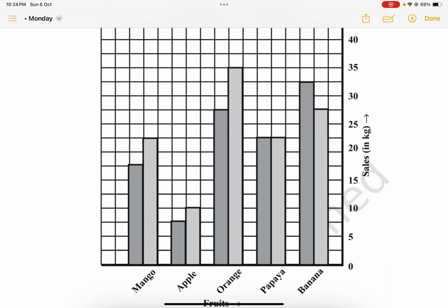Okay. So now mango is a fruit, and the dark gray color is Monday. So on Monday, the sale of mango is how much? It corresponds to 15, and between each you have 5 divided, so it is like 2.5, that means 17.5. That is, mango sale is 17.5 kgs on Monday.